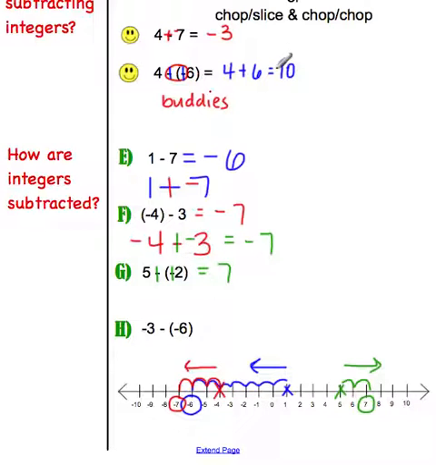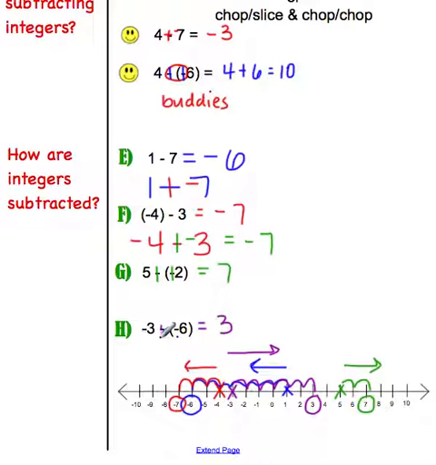The final one for the examples is -3 minus -6. If I start at -3 on the number line, I want to move the opposite of a negative, so I'm going to move to the right 6. 1, 2, 3, 4, 5, 6, giving me +3.